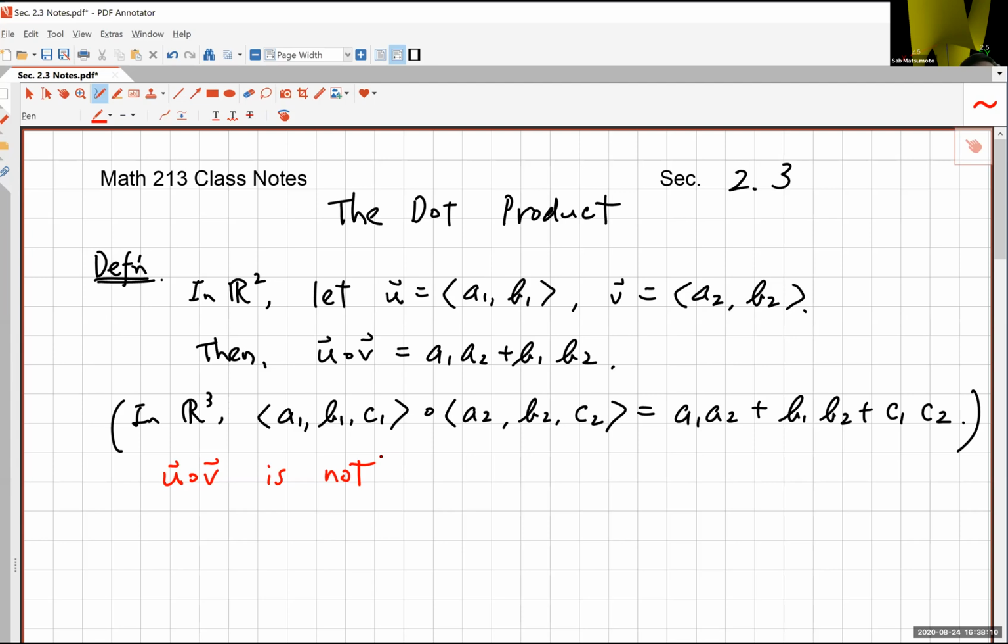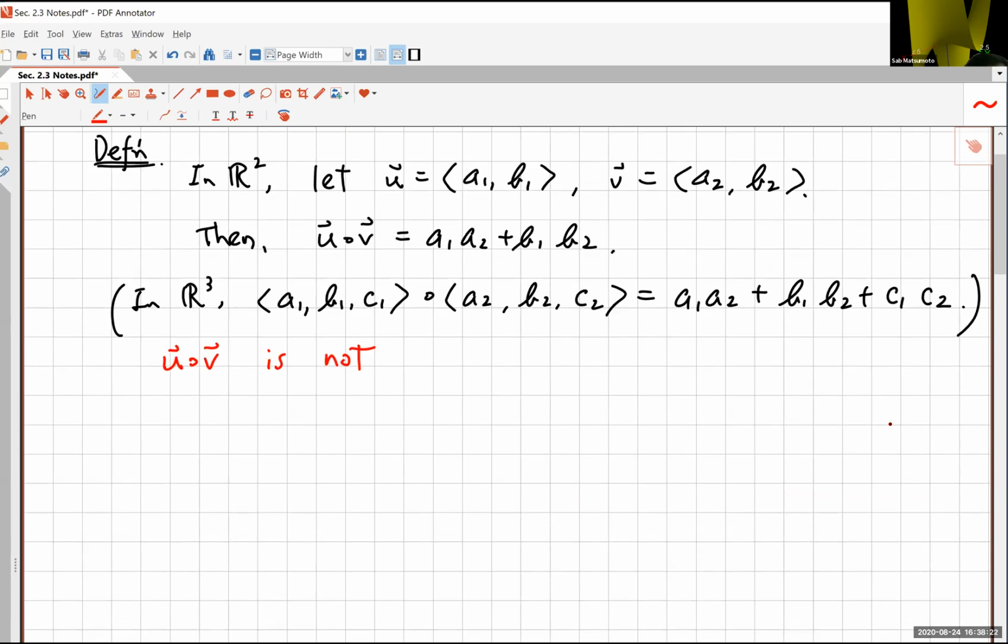In fact, there is no such thing as the standard multiplication or product of two vectors, but we will have the dot product here, and in the next section we will learn what is known as the cross product of three-dimensional vector space vectors. But you can see U dot V is not a vector. What is that then? What kind of an animal is this? Well, you can see this is a real number, so it's in the set of real numbers.